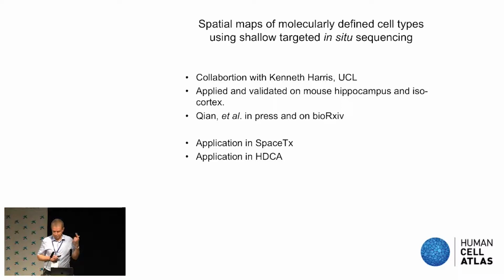It's now finally in press after 1 year of intense reviews, and it's also on bioRxiv, Qiaoyan Jian's paper. And I'll show you application of this to draw spatial cell maps in human brain and human developmental heart.